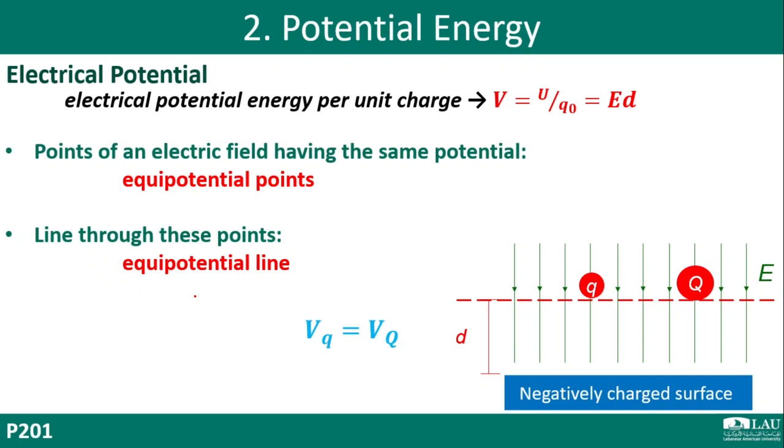So similar to gravitational potential, points presenting the same electric potential are on the same potential line, or what we call an equipotential line. So here V small q equals V capital Q.